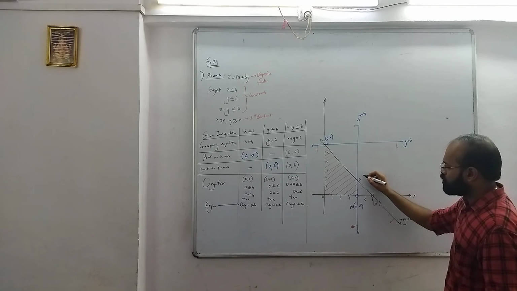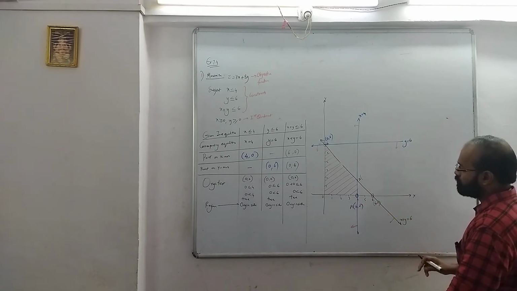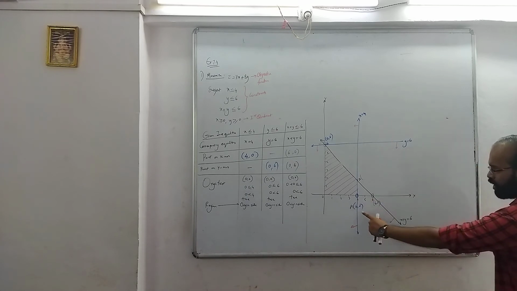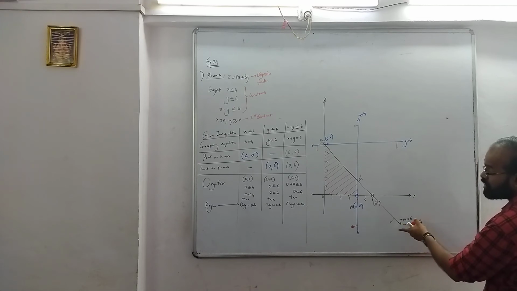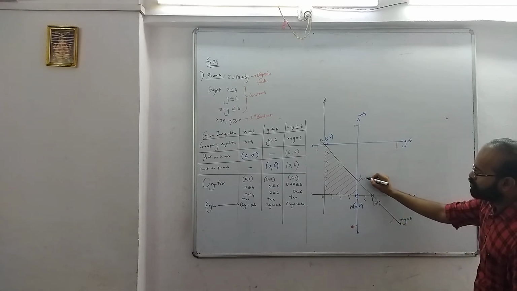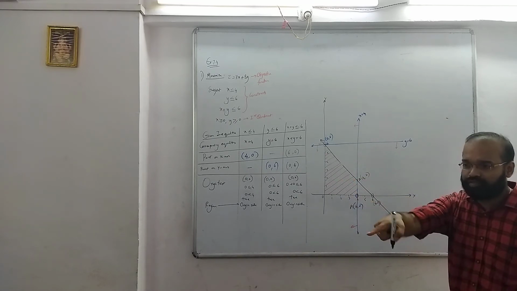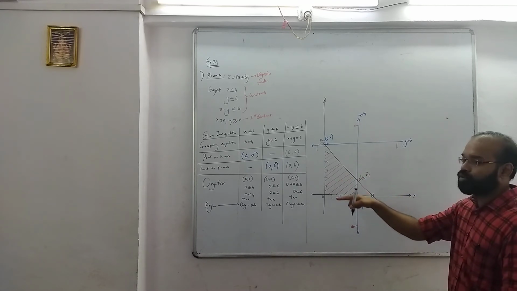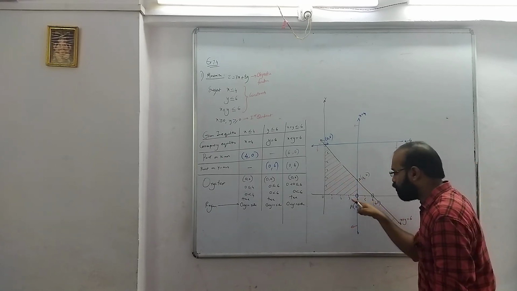What is B? I can solve them simultaneously. I put x equal to 4 in x plus y equal to 6, so y will be 6 minus 4, which is 2. You can also see this point from the graph: it is exactly (4, 2).